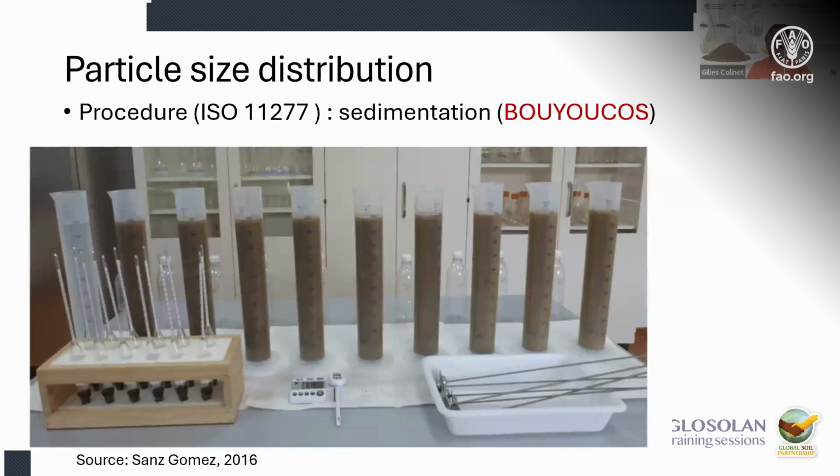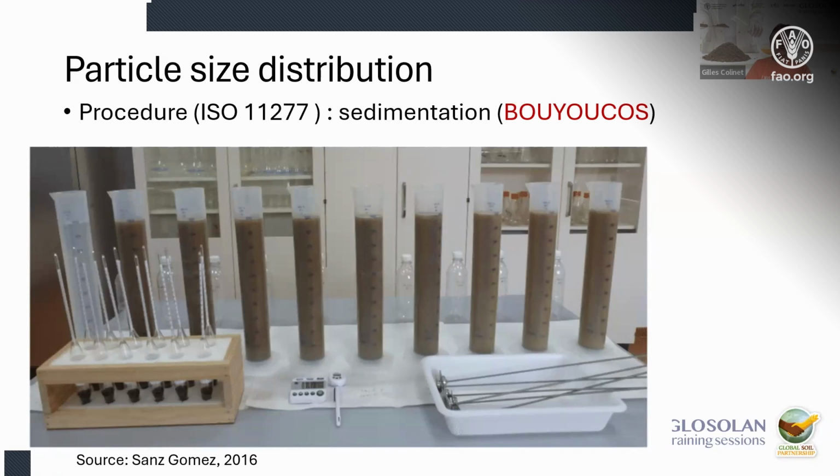The density is known, and there is a scale here. You put it simply in the column, and you read what is given on the scale, and it gives you the quantity of soil that you have in the suspension.